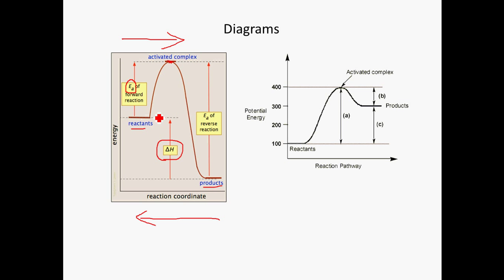And so in our forward reaction, our activation energy is from here and the beginning of our reactants. Note that our reverse reaction also has an activation energy, but it's a little bit different. Because it's a reverse reaction, this becomes our starting point, and this is still where our activated complex is, much larger activation energy for the reverse reaction when we're dealing with an exothermic reaction.